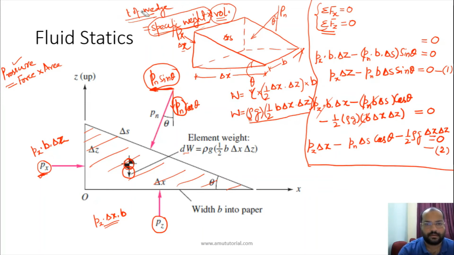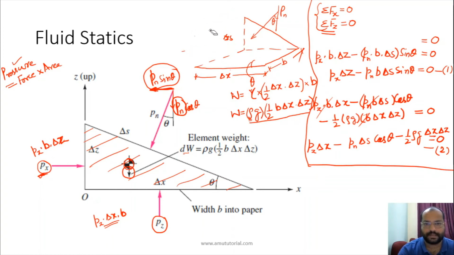Now let us consider another condition. We also know that delta x can be written as delta S cos theta, and delta z can be written as delta S sin theta.